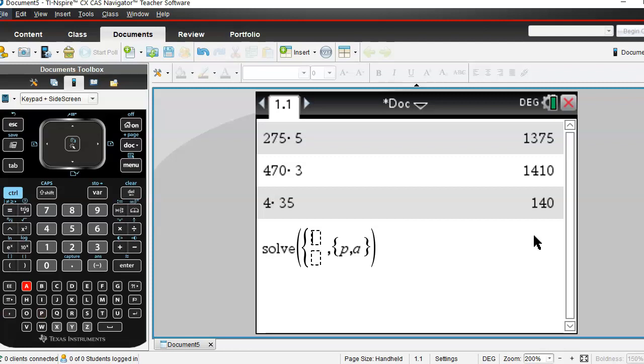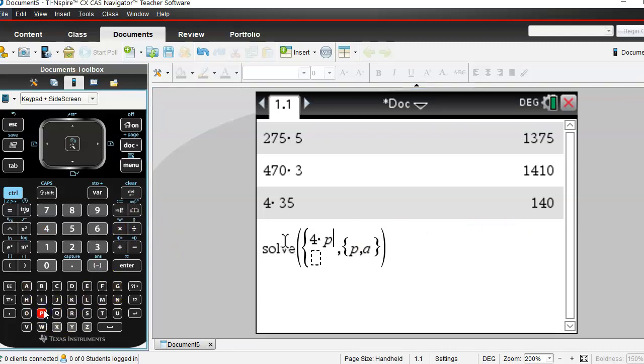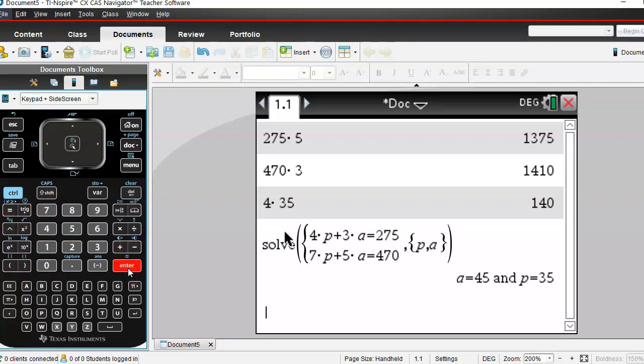So 4 times p plus 3 times a equals 275, and then 7 times p plus 5 times a equals 470. Enter. You can see, yep, I've got 45 and 35.